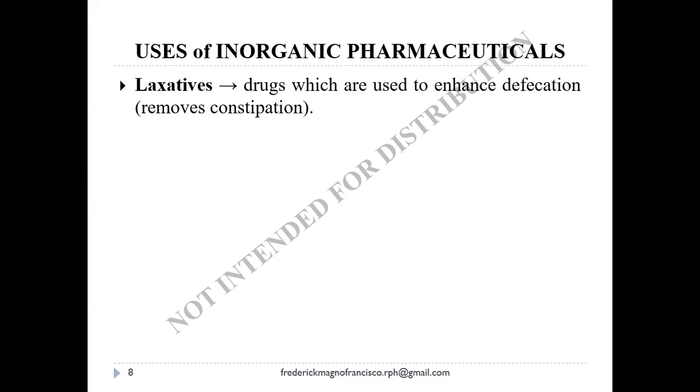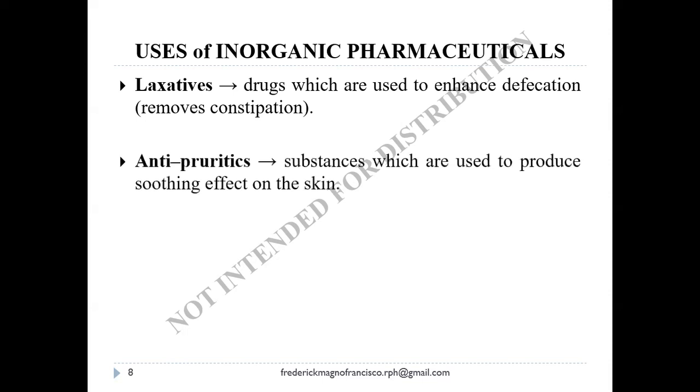Example of a laxative is a mixture of monobasic sodium phosphate and dibasic sodium phosphate. Antipruritics. These are substances which are used to produce a soothing effect on the skin. Pruritus is a medical term that means itching. Example of an antipruritic is calamine.